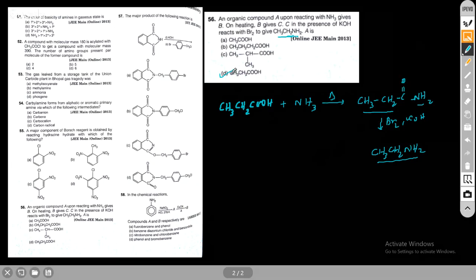57. Answer is A. Yeah, it's correct. 57A is right. You see here in this question, first of all, this is the compound we have, NH, and here we have KOH. This OH minus will take this H plus and forms H2O.